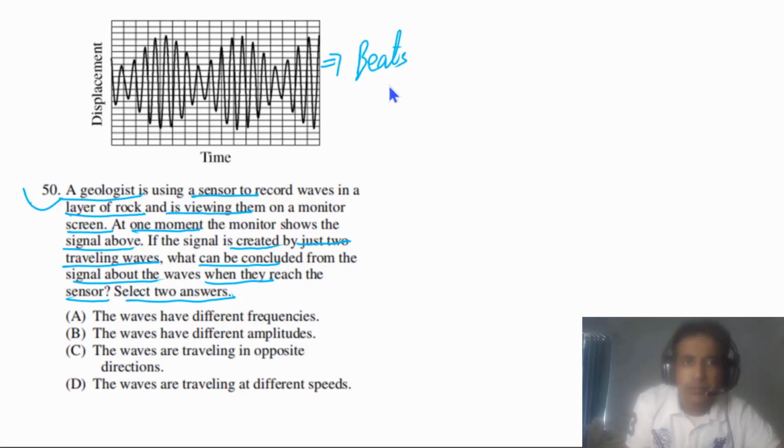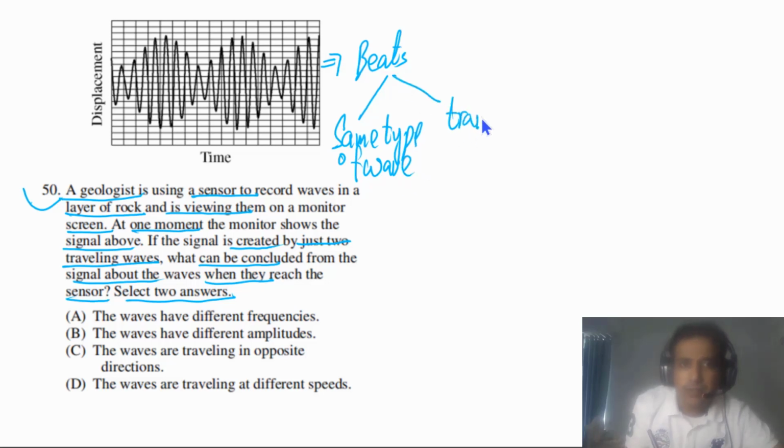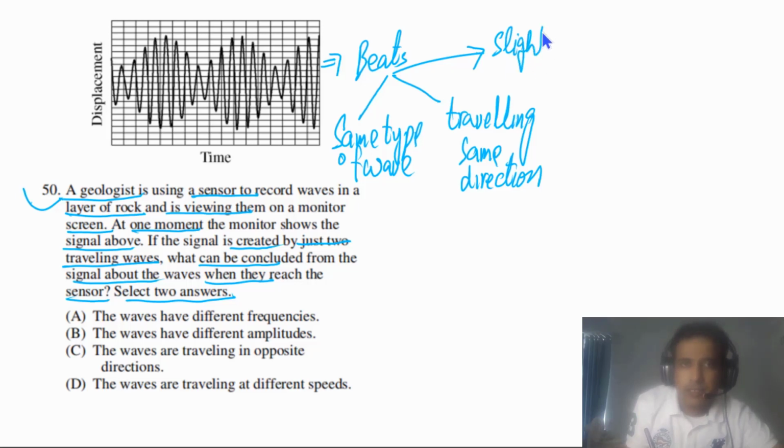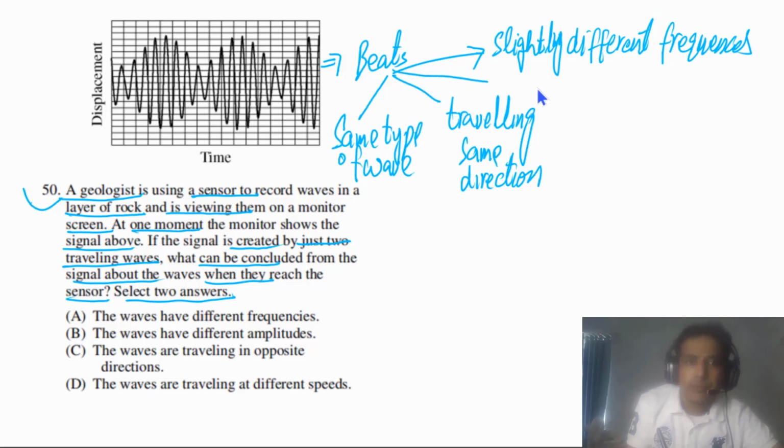So these are beats, and for beats we need to understand they are produced when the same type of waves travel in the same direction, with slightly different frequencies and different amplitudes.